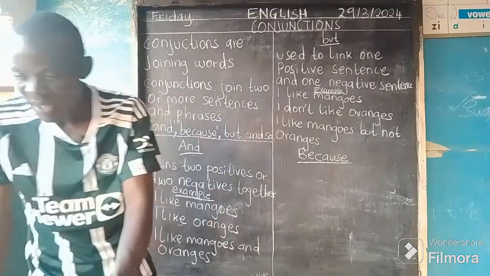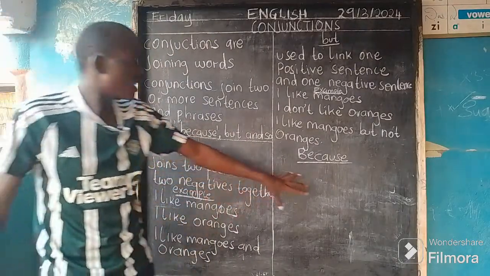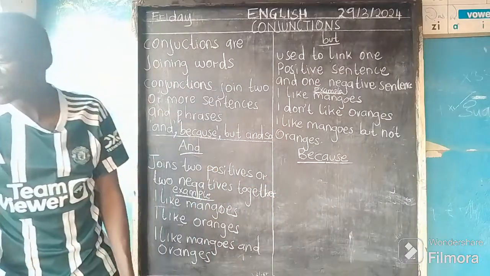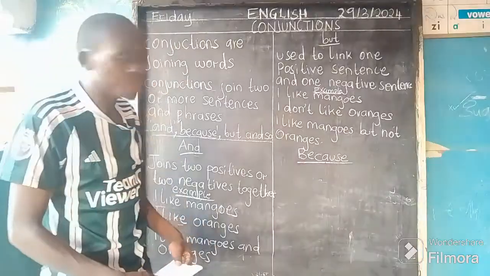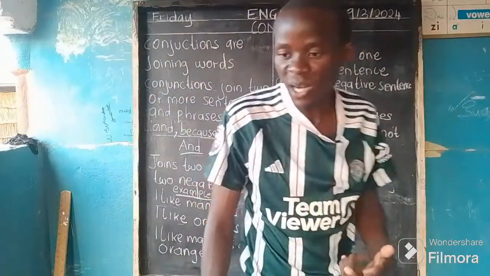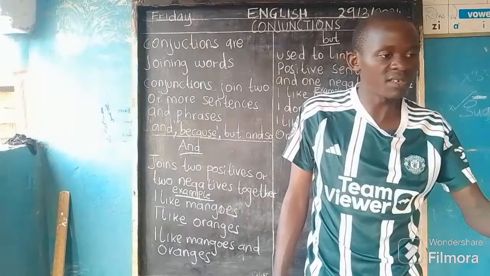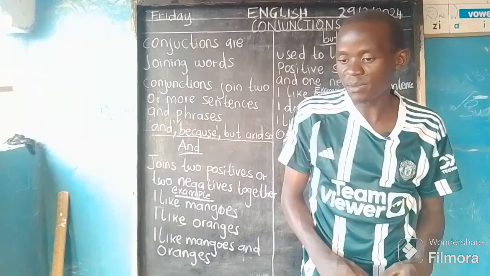So because is the third type of conjunction that we are learning today. And how is because used? So, who can tell me? You can try. How is because used?